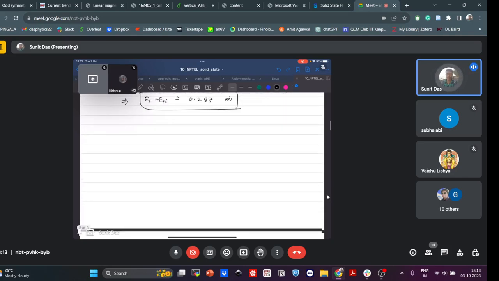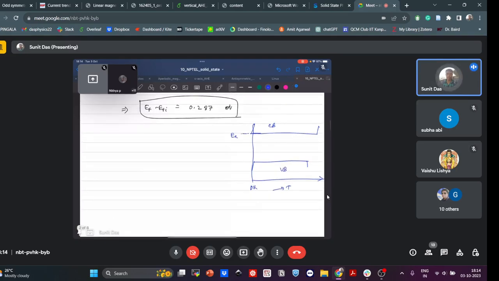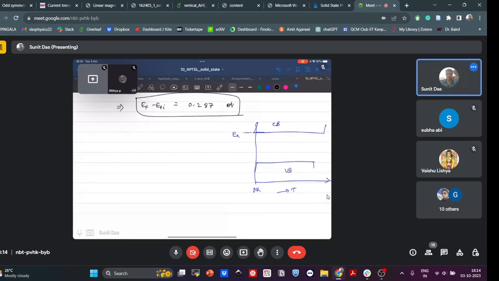This also makes sense because for an N-type semiconductor, suppose this is the conduction band, this is the valence band, the conduction band bottom is EC, and we are starting from 0 Kelvin, but along this axis temperature is increasing. Initially at T equal to 0, let's say this is the donor energy level, E donor.